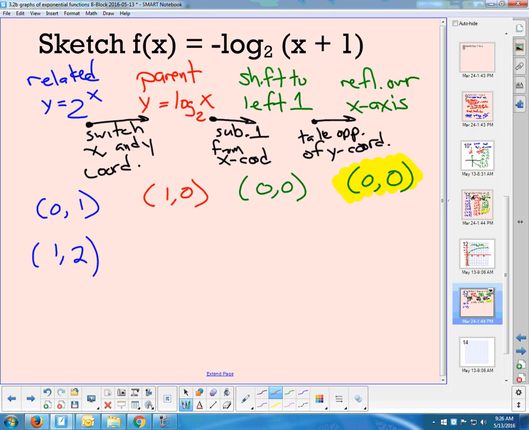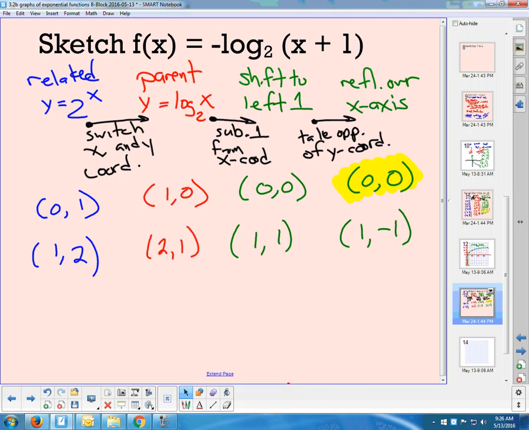The application of our process to the point 1, 2 would give us 2, 1, which would then become 1, 1, which would then become 1, negative 1. And so that's another point we would graph on our function, negative logarithm base 2 of x plus 1.